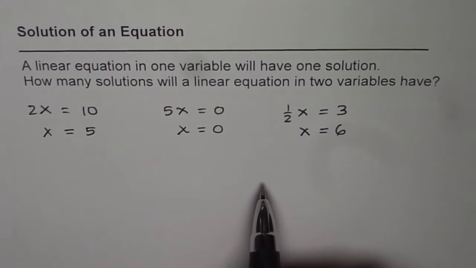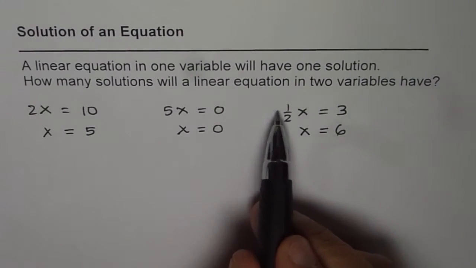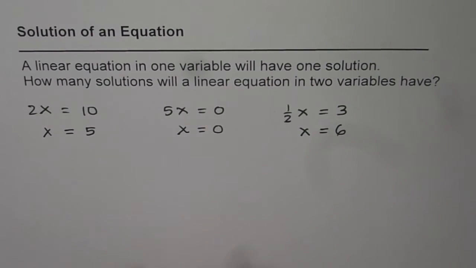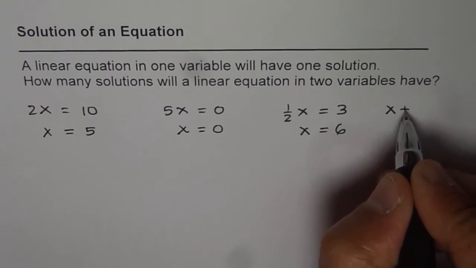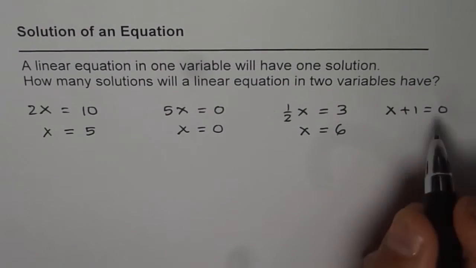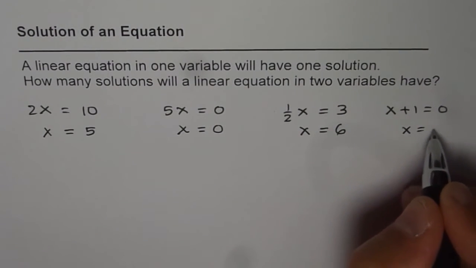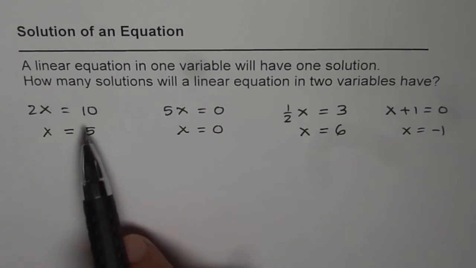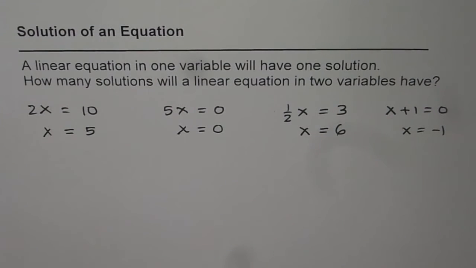The way to get the solution is to multiply both sides by 2, so you get x equals 6. We could have the equation x plus 1 equals 0. In that case, x equals minus 1 is our solution. Likewise, we can have many different equations with one variable, and every time we find that it will have only one solution.